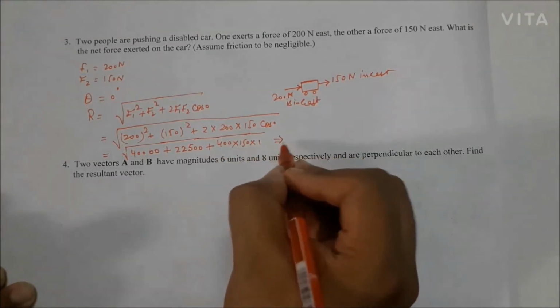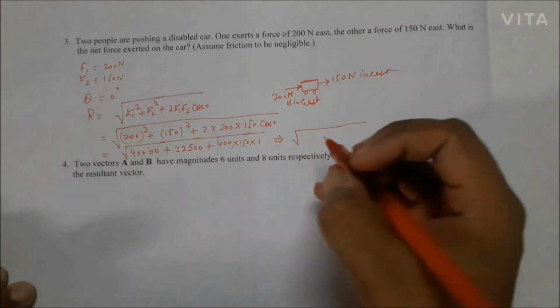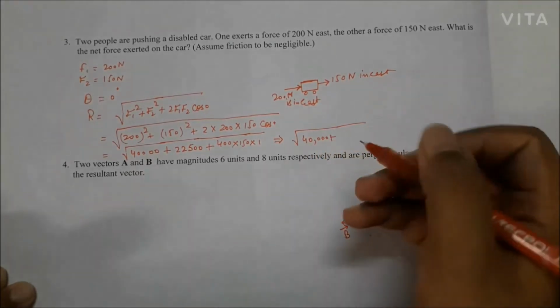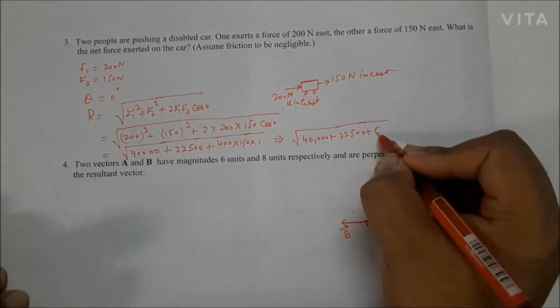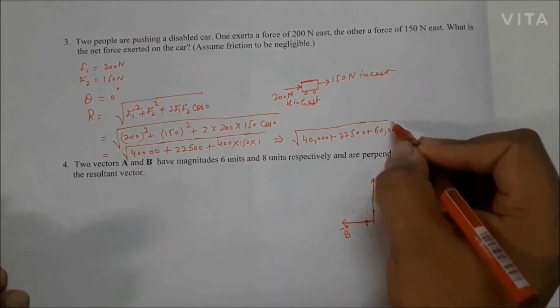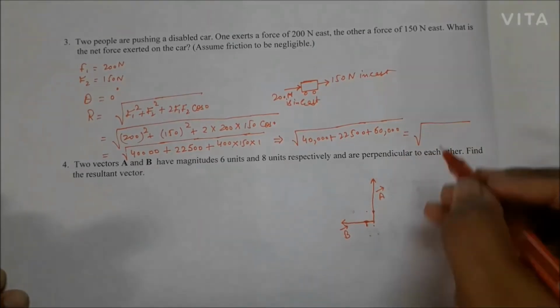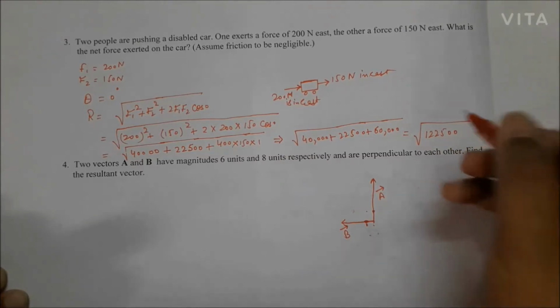So it comes out to be 40,000 plus 22,500 plus 60,000, and it comes out to be 122500, and now you have to solve this.